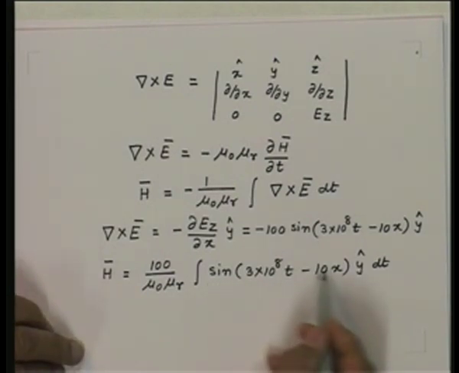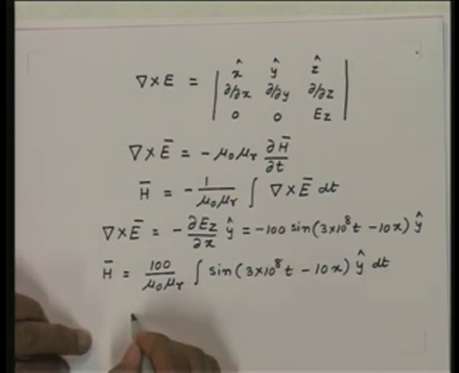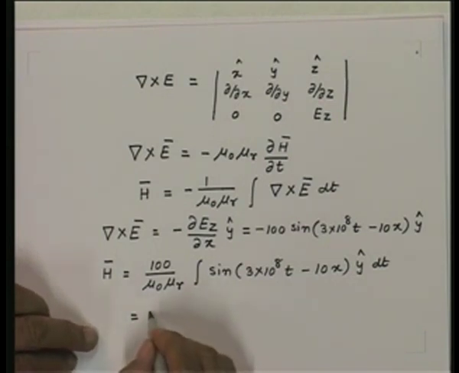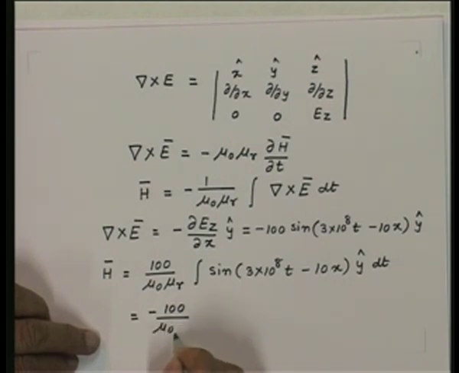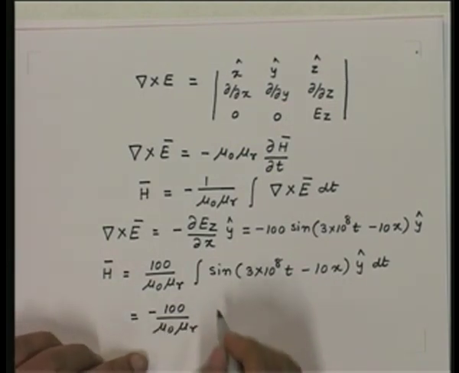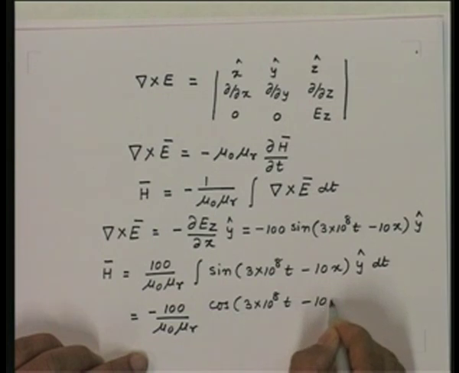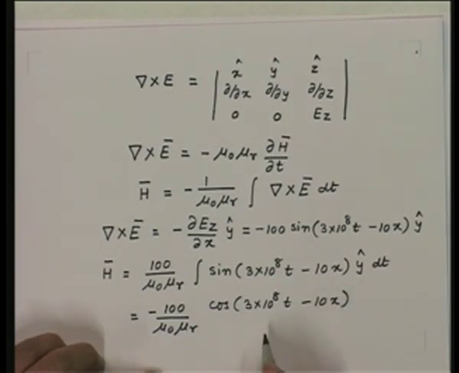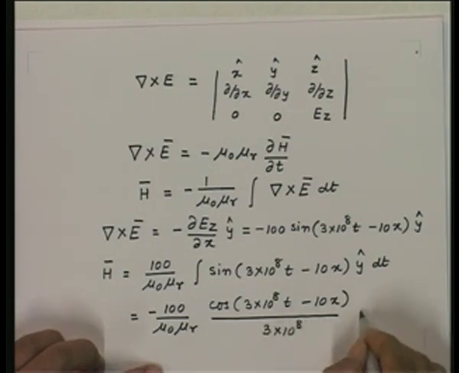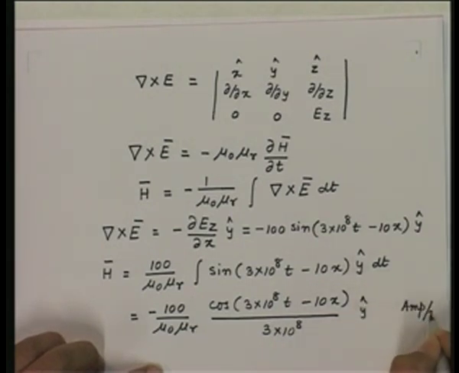This integration with time is very straightforward. So, you get the total magnetic field, which is minus 100 upon mu 0 mu r cosine of (3 into 10 to the power 8 t minus 10x) divided by 3 into 10 to the power 8, y cap amperes per meter.